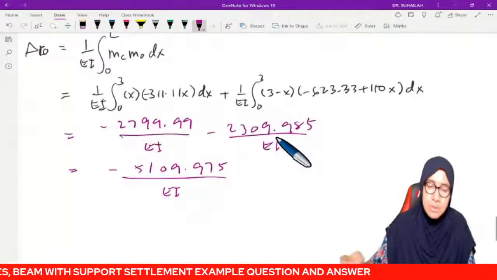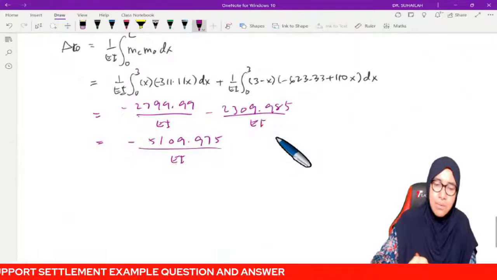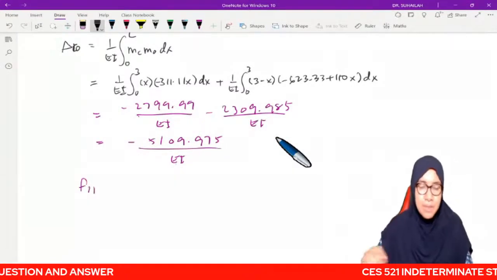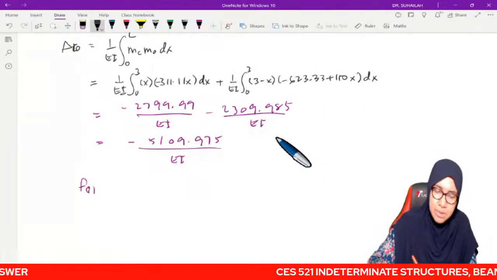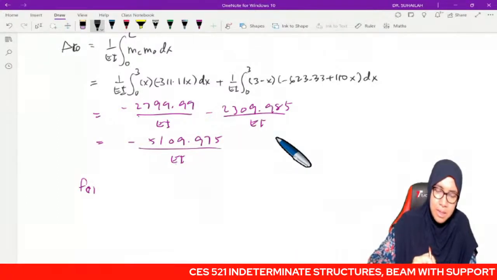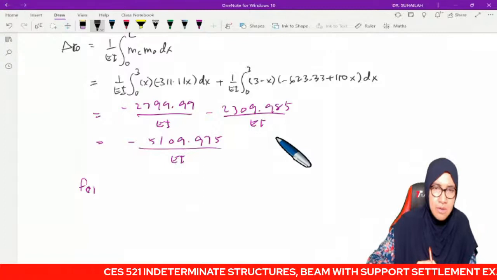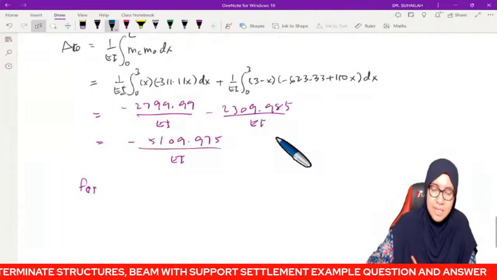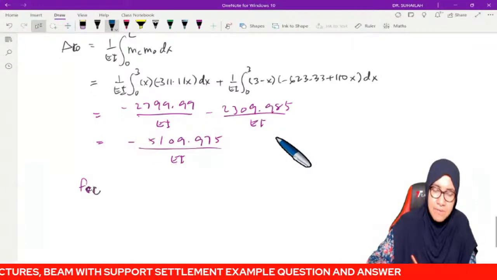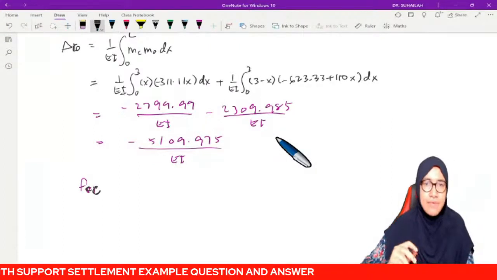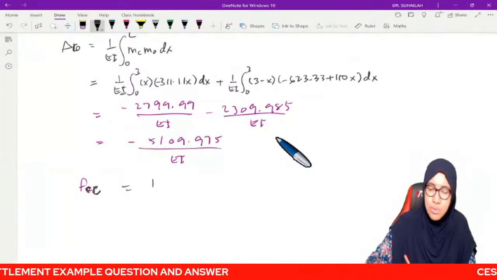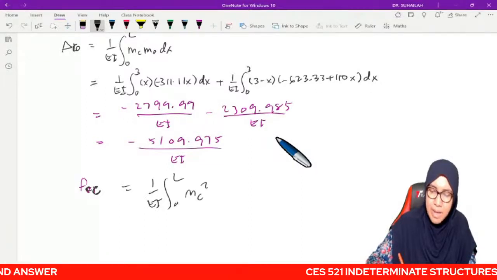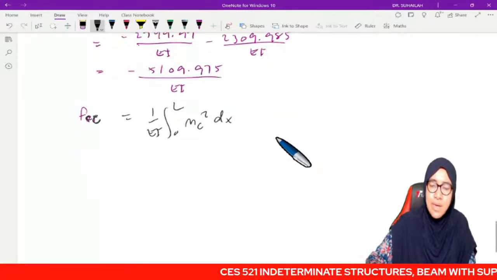Now we will calculate F11 or FCC. If you use C, use all C. If you use 1, use all 1. So this one is FCC, equal to 1 over EI from 0 to L MC squared dx.